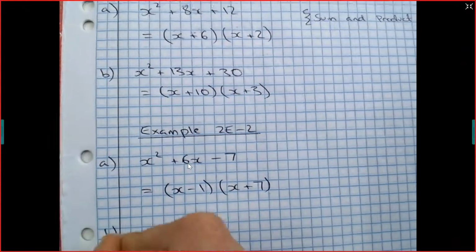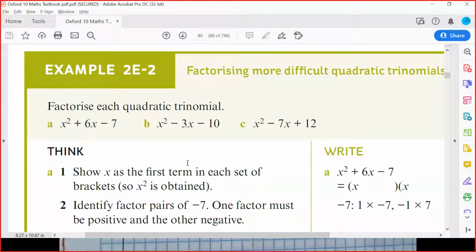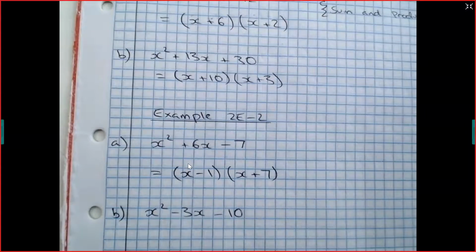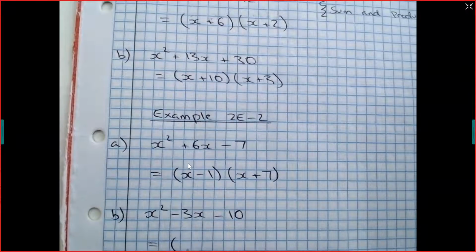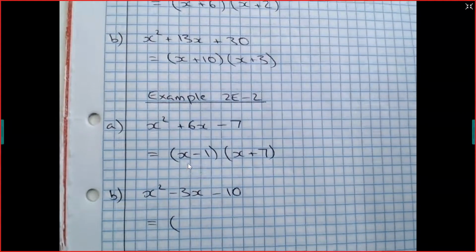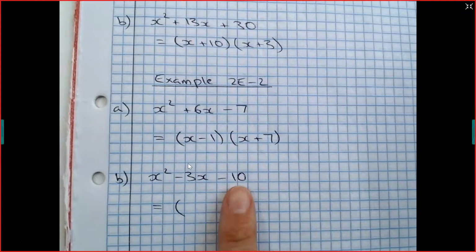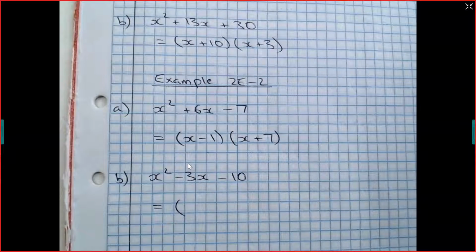So B, if I have x squared minus 3x minus 10. Alright, so two numbers that multiply to give me negative 10, but add to give me negative 3. So we multiply to get negative 10, and add to get negative 3.